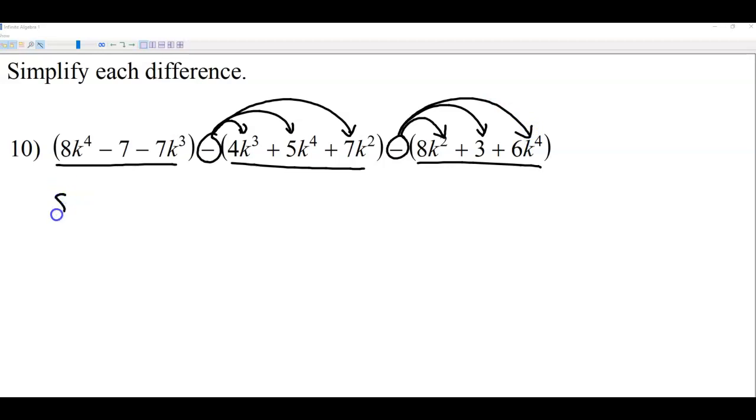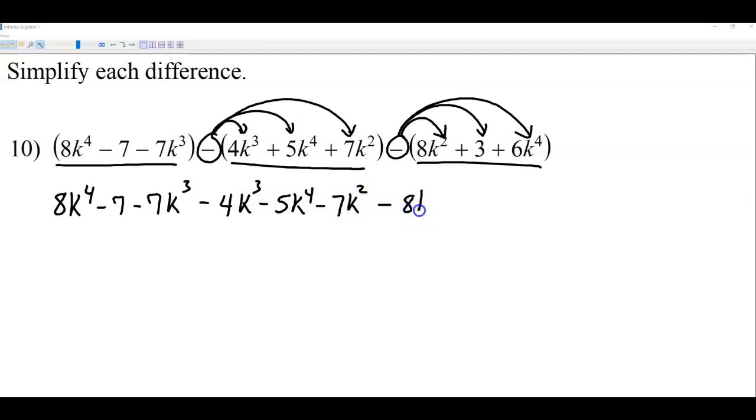So the first trinomial will stay the same. The second trinomial, all the signs will go opposite. And same thing with the last one, all the signs will go opposite.